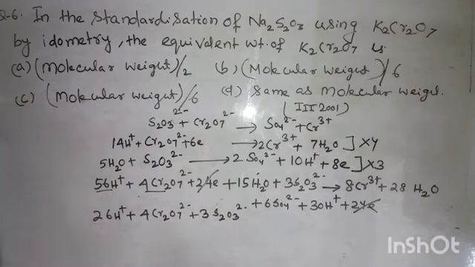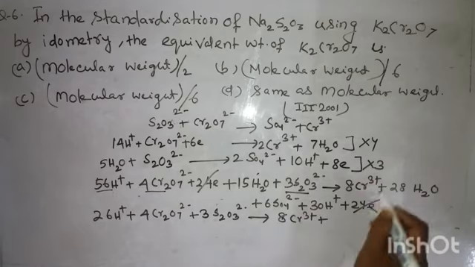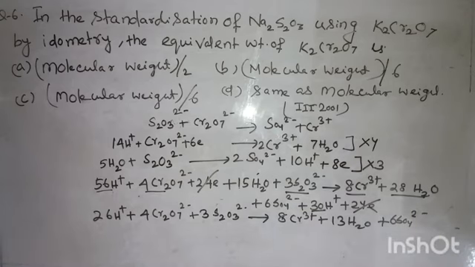Everything is covered: 8 Cr3 plus, 13 H2O, plus 6 SO4 2 minus. This is the final equation, and we have to just evaluate the equivalent weight of K2Cr2O7 based on this equation.